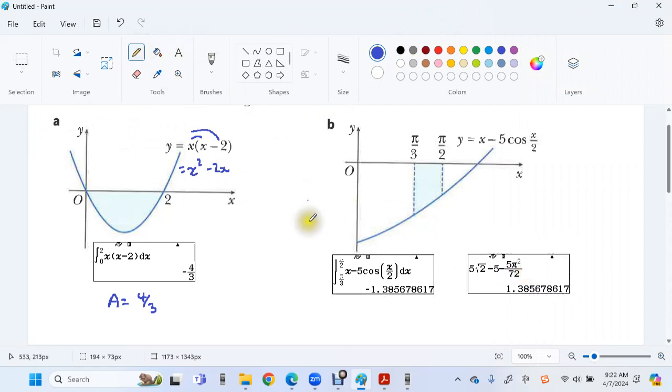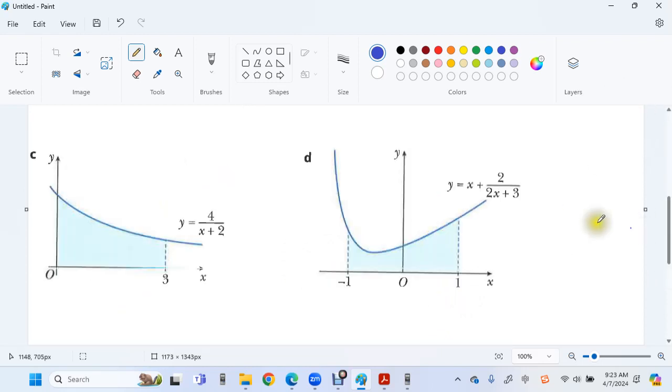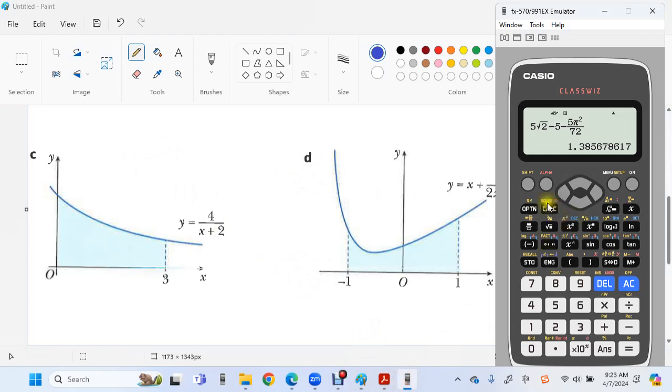Sometimes I will write it this way. The area is equal to the modulus of this, then it will become this. For this equation, I can do it this way. I just use the ABS in my calculator. Shift bracket here, we have the ABS, which is the absolute value.